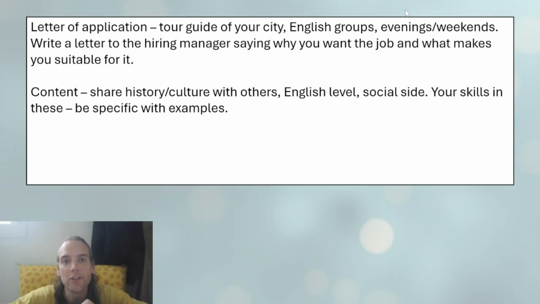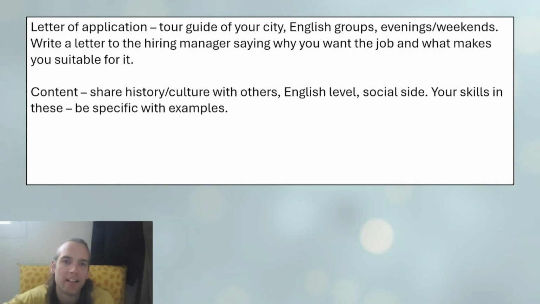The reason you want the job is that you're good at it, that you're interested in history, that you've got a good English level, that you like talking to people, you want to share this, all these kind of things. And what makes you suitable? Well, we could think of that as being the evidence of why you are good at it, of what skills you've got. That's what makes you suitable, everything you're saying, that I've got these things.